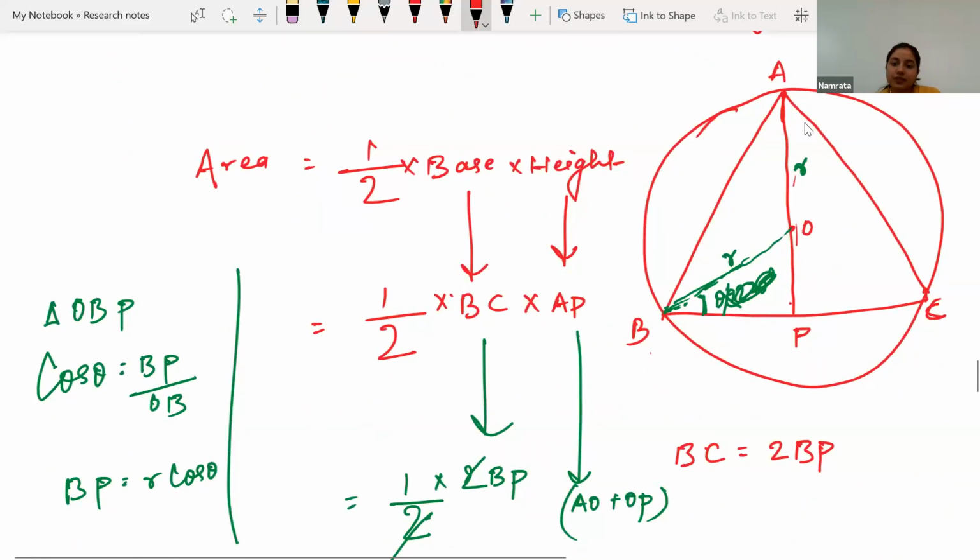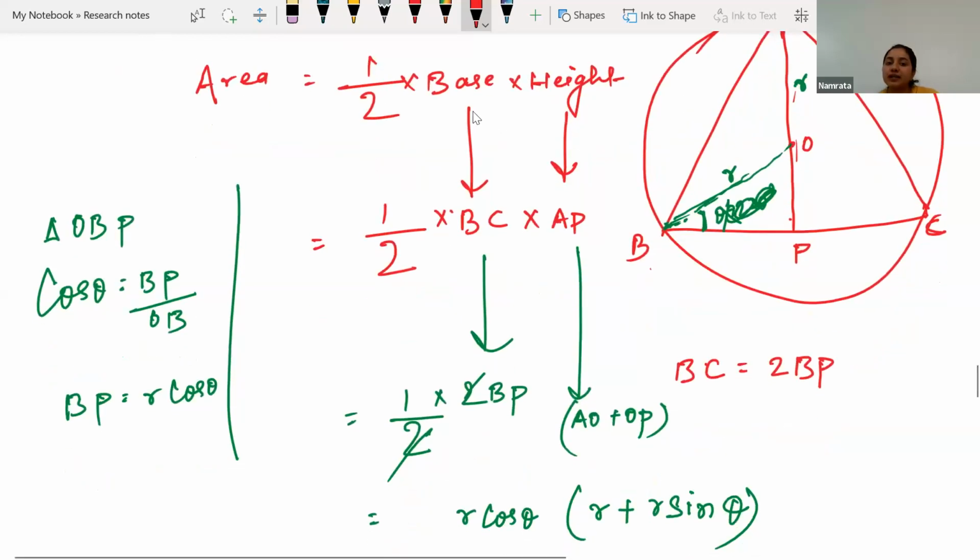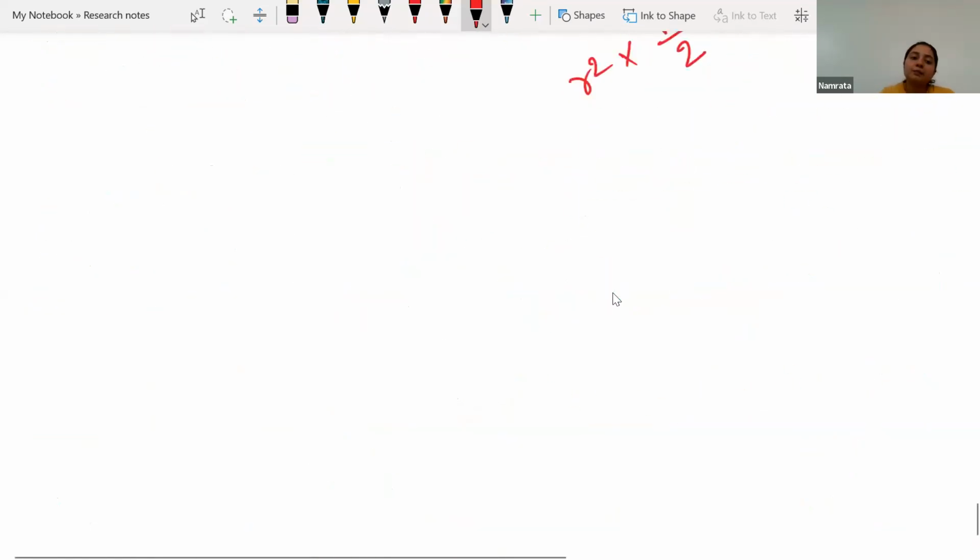So what we can do, we have already found this side AP and BC. When we were writing the expression for the base and height, AP, BC, everything we found in terms of cos theta and sin theta. So BP, you can see, is R cos theta.